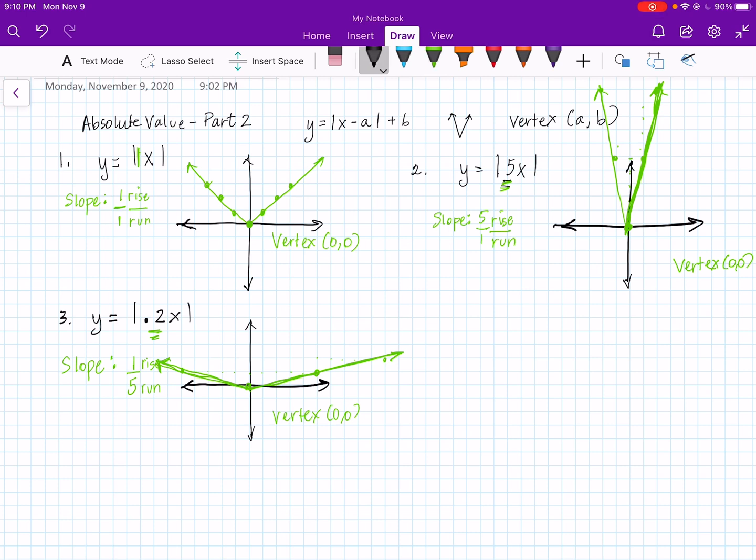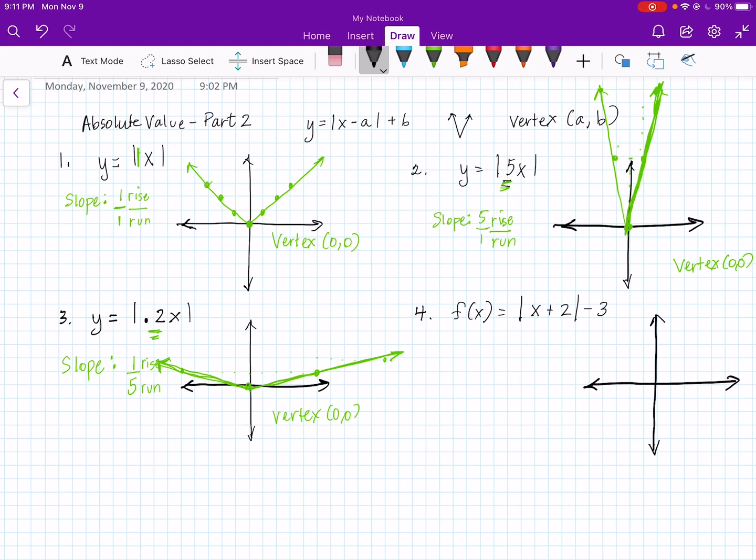Okay, so now we're going to talk about this business of the characteristics with the vertex. So this one, we have f of x equals absolute value of x plus 2, and now you're going to do minus 3. So if we were to put this into our calculator to see what it's like, it's going to give you the vertex of, what do you think?